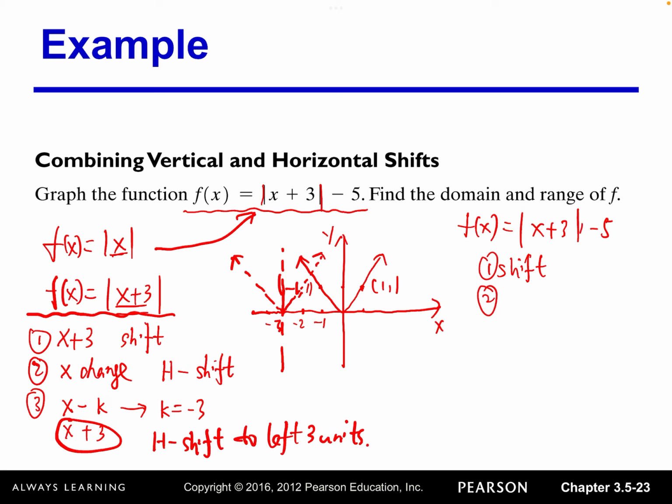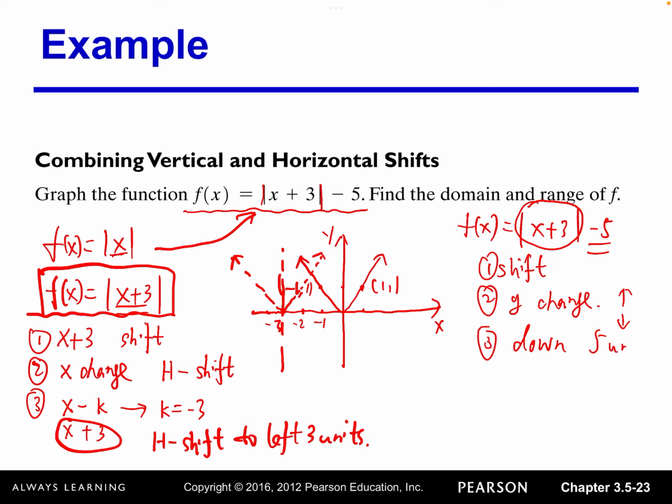It's outside of the function, right? Now f of x equals absolute value of x plus 3, so we can treat this part as the same. Outside of the function minus 5, so this time it is the y change. Okay, y change is the vertical direction, right? Either up or down, right? Only two possibilities. And then minus 5 is vertically shifting down 5 units.